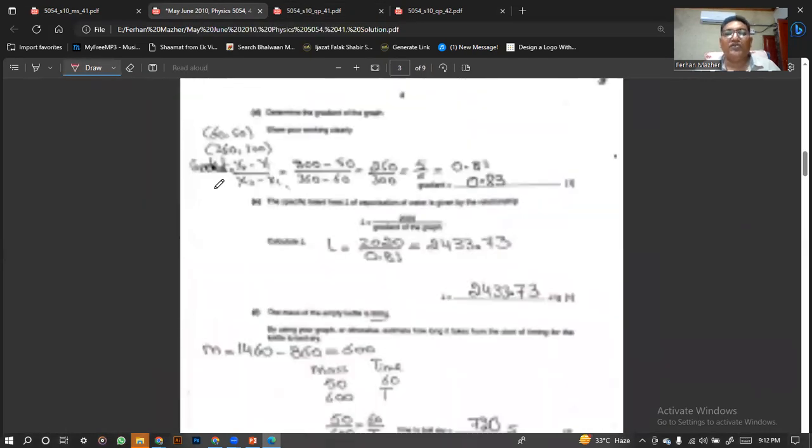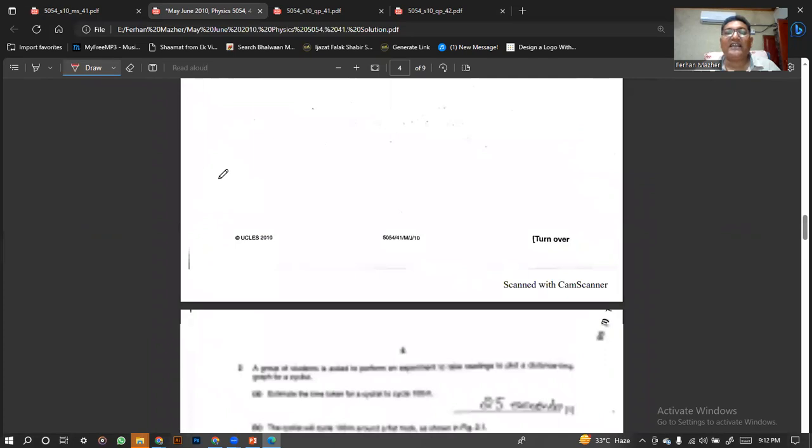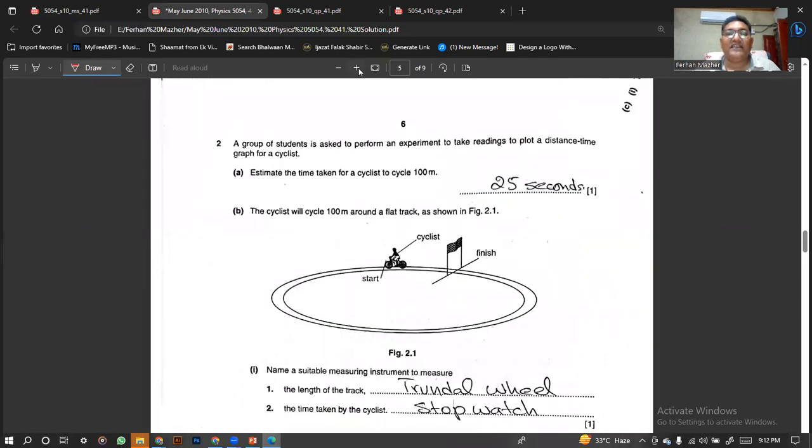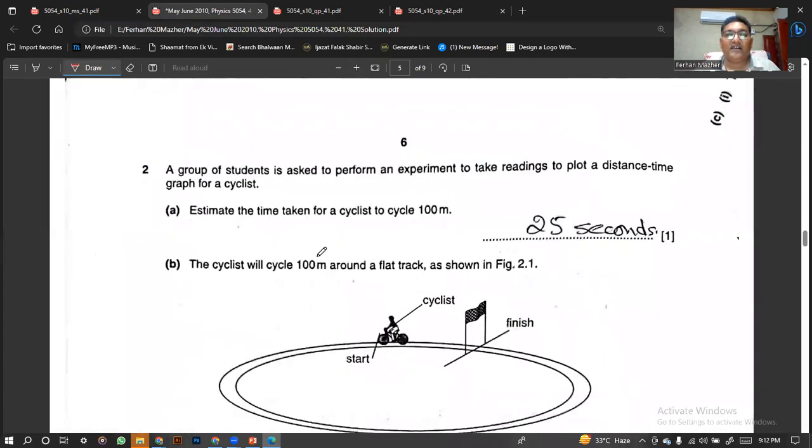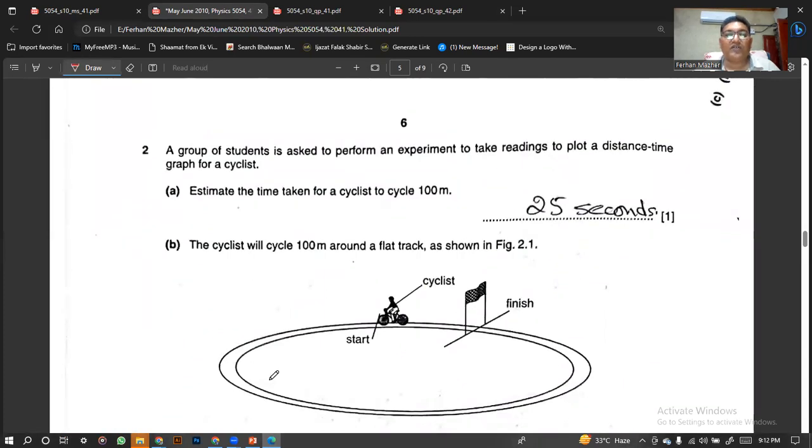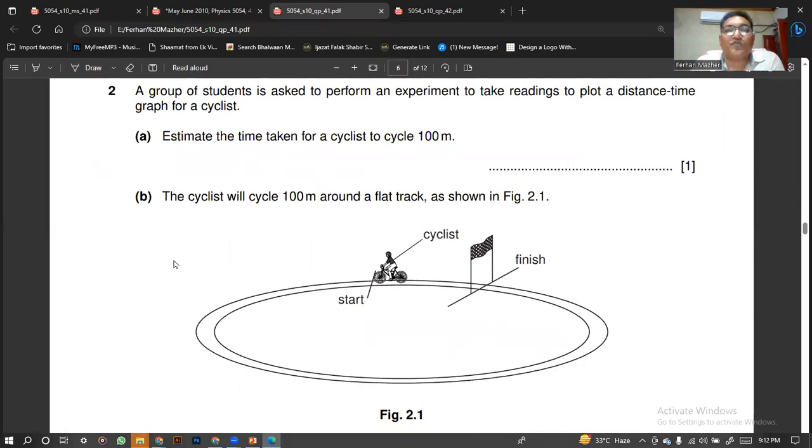In question number 2, we have a cyclist, and that cyclist is moving on this circular track. Here a group of students is asked to perform an experiment to take readings to plot a distance time graph for a cyclist. If you want to draw a distance time graph, you need time and distance from a certain place, a distance from a reference.